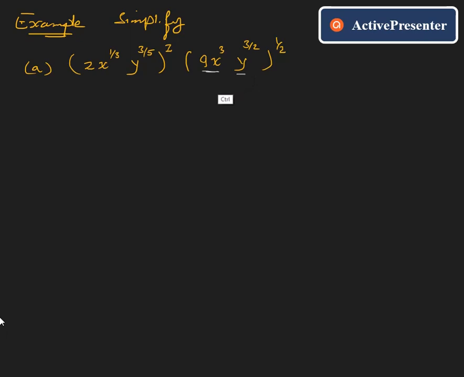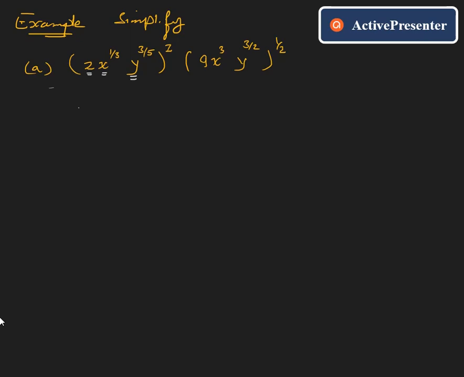How to solve that? Let's start from left to right, okay? If you look at this expression, how many bases do we have? This is the first base, this is the second base, this is the third base, okay? This means this exponent will be multiplied in each exponent of the bases, okay? So let's see how this is done.